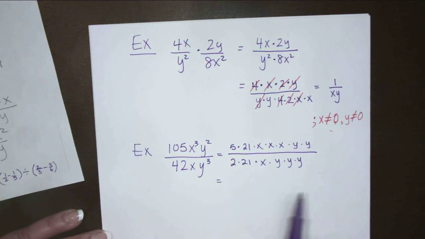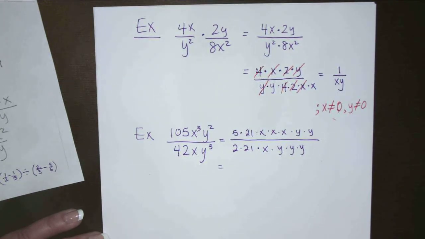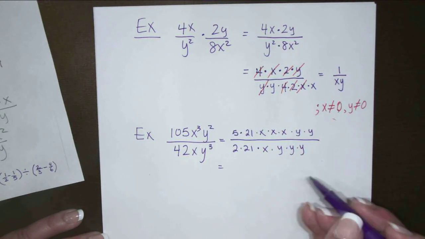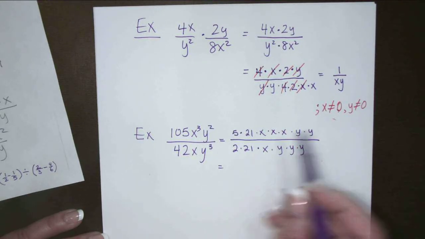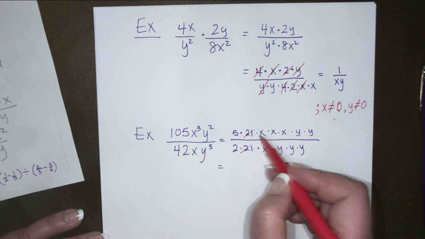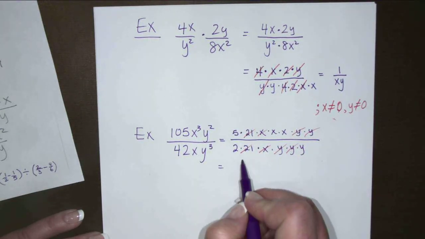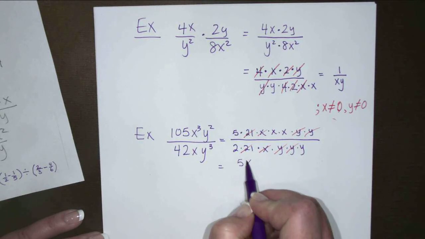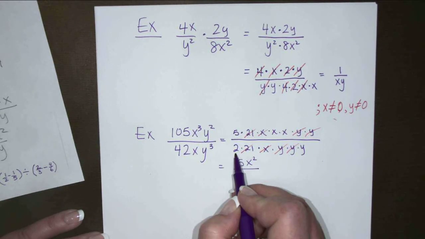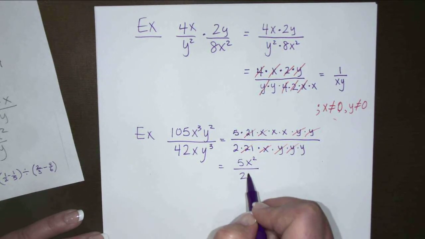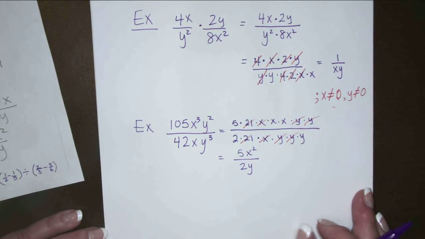So what's left? Let's just cross them off. 21's, an x, 2 y's, and what we're left with is 5x squared and 2y. My question is, did we change the domain?